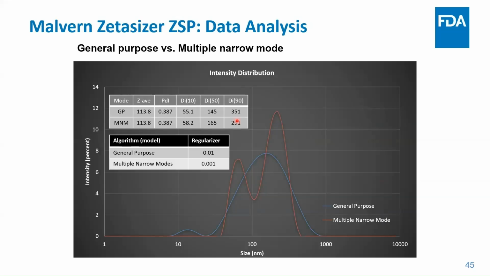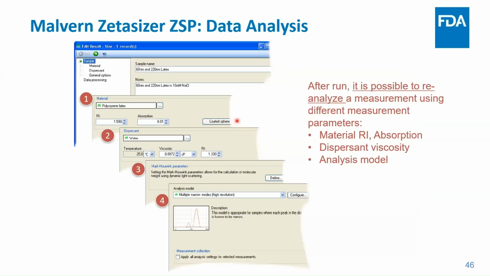One last thing to say is that once you collect all the data and you have the intensity fluctuation in the correlogram, you can reprocess all of this data without having to redo all the runs. You can change the material refractive index if you want to calculate a different volume or number based average.